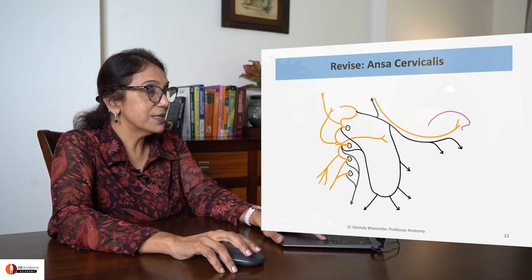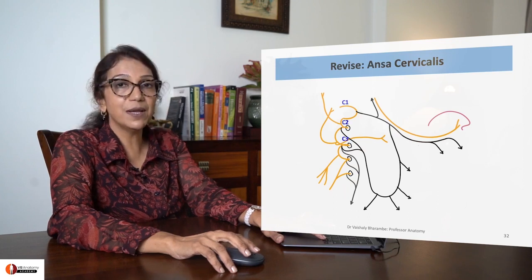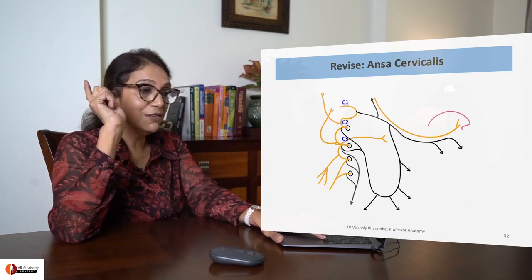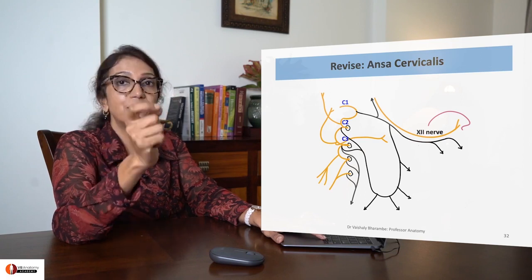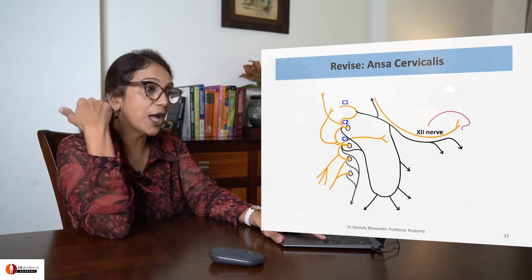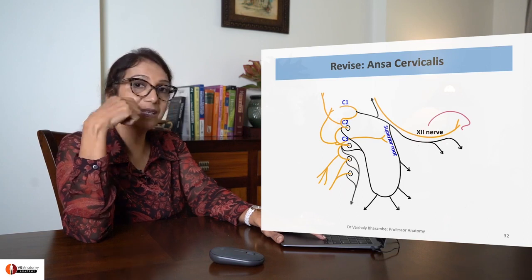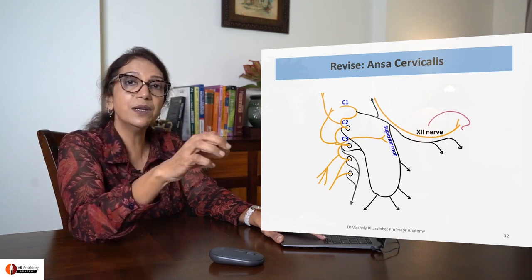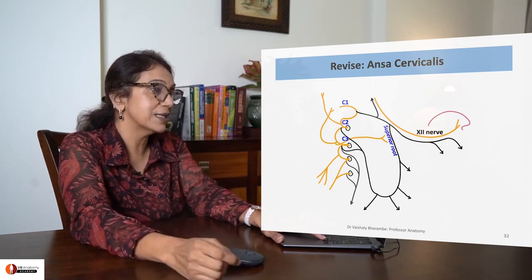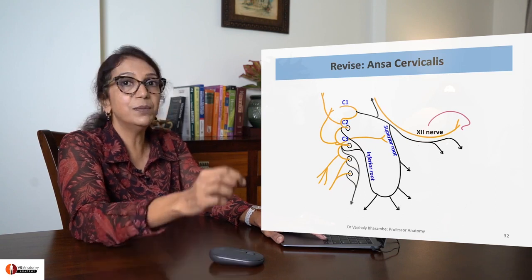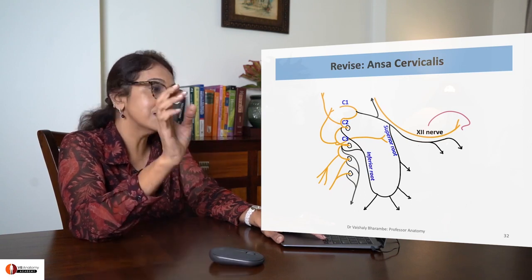So the revision is, C1, C2, C3 fiber nerves are there. Fibers from C1 begin to travel with the hypoglossal nerve, hitchhike, and then the fibers descend downwards, forming the superior root of Ansa cervicalis. C2, C3 unite to form the inferior root of Ansa cervicalis.